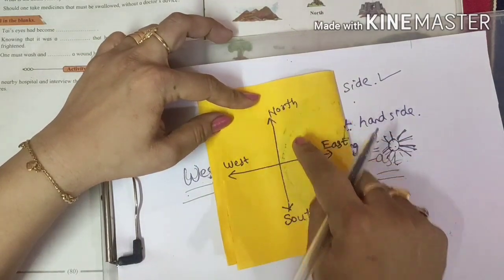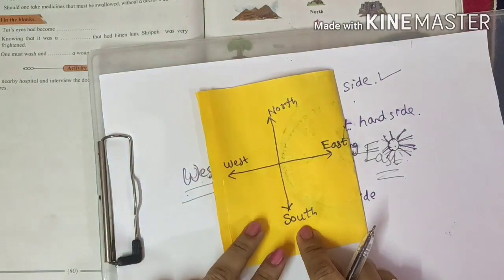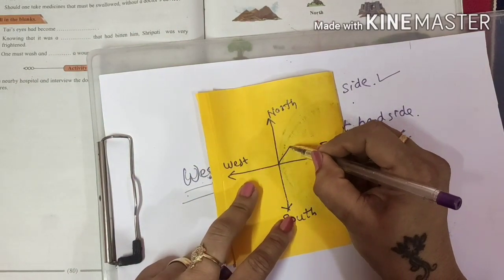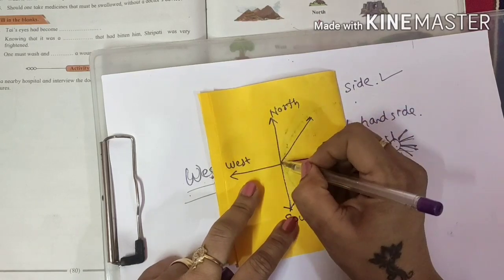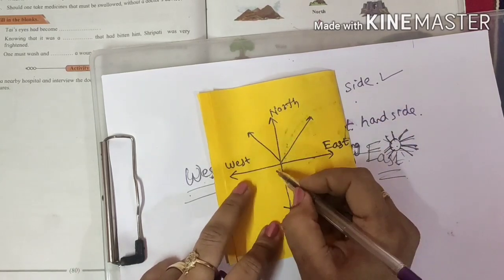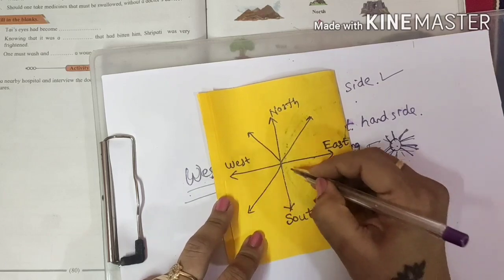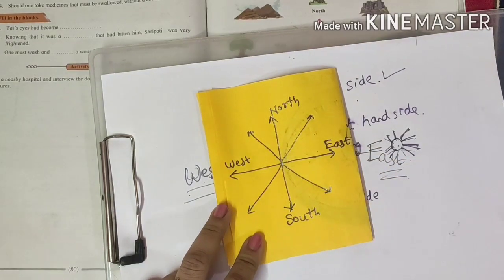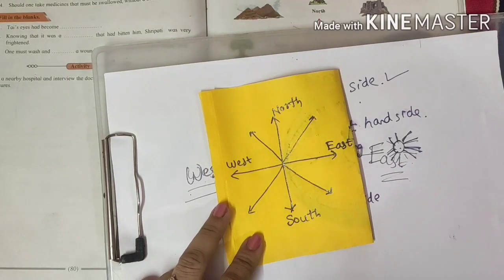East, west, north and south, I am making this compass rose. Now see children, what do we have to find out? The directions between these two main directions.